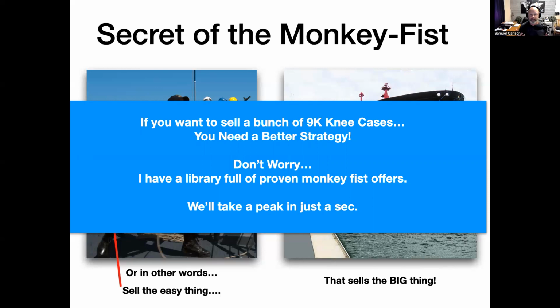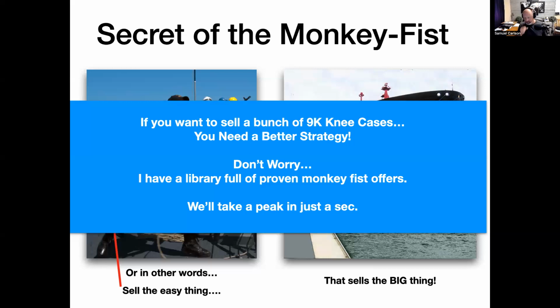Cool. Now, we have a library full of proven monkey fist offers for knee, which is what we're going to see today, for neuropathy, for spinal decompression, for all the different conditions that you treat in your practice. But this is a second pivotal story that you need to understand because it houses the strategy that makes all of the wheels turn.